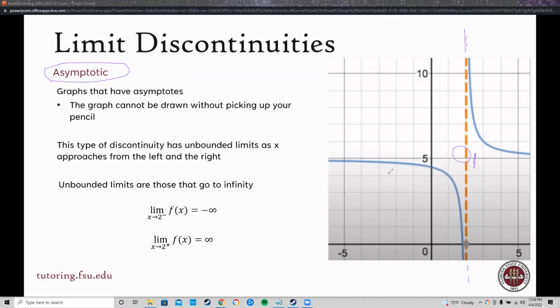If I approach 2 from the left-hand side, I see that the graph is going towards negative infinity. If I approach 2 from the right-hand side, I see that it is going towards positive infinity. These two limits don't match each other from the left and right-hand side. Therefore, the limit at x equals 2 does not exist.